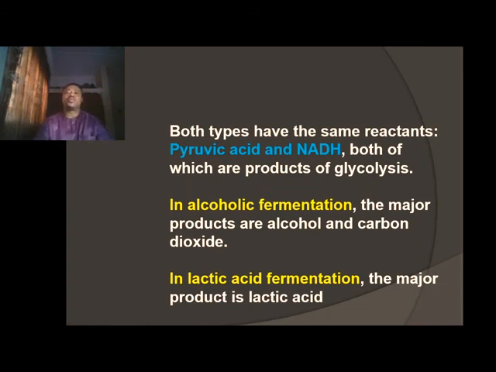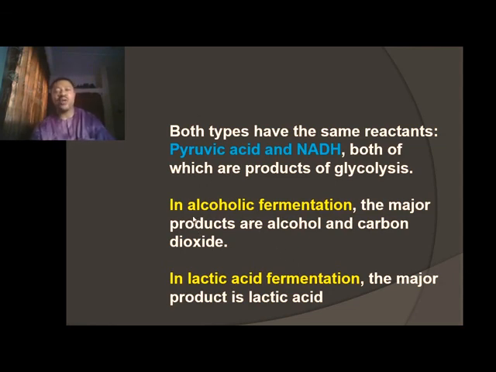Now, both types have the same reactants. What are the reactants? Pyruvic acid and reduced NAD. And both are products of glycolysis. Glycolysis breaks down the sugar, and the end product is pyruvate.